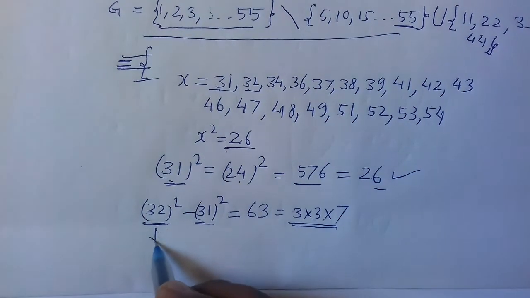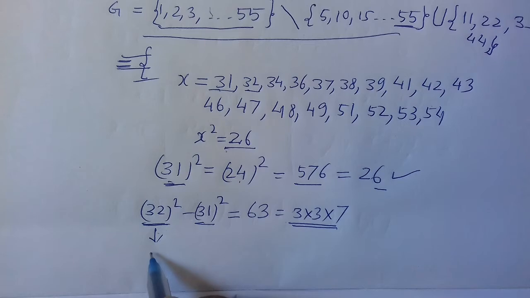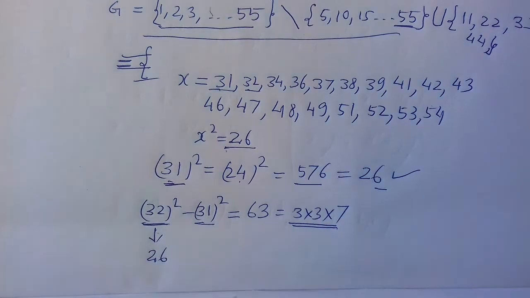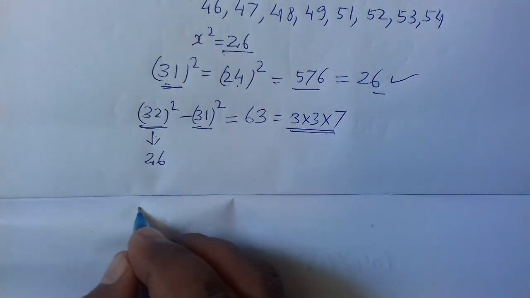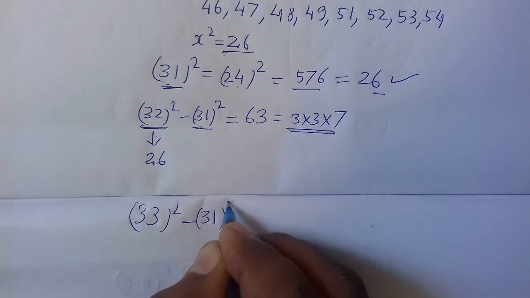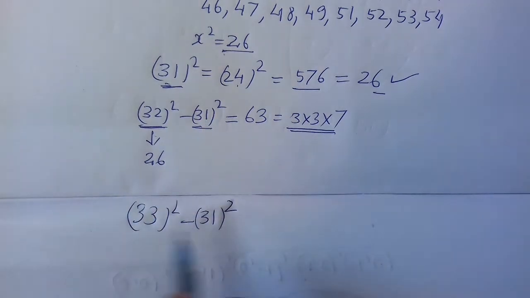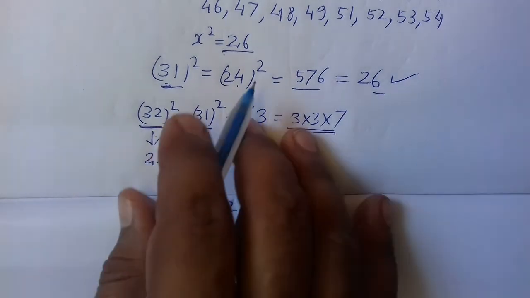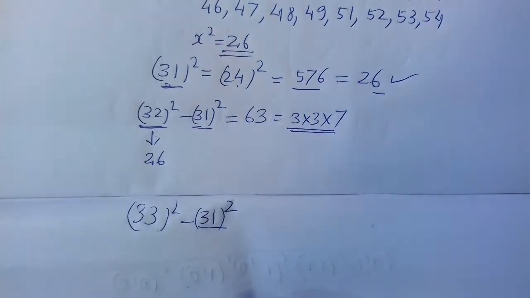So 32 square is not equal to 26. Similarly, if you take 33 square and 31, we are taking 31 in all because this 31 square is 26.